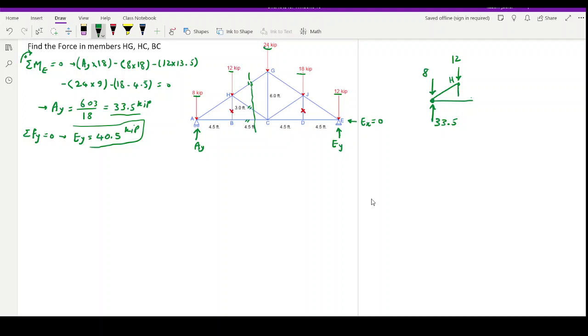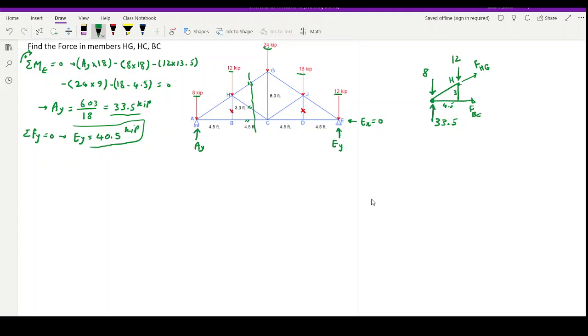Then from here to here, even though it's a zero force member and I will not use it, I just show it. It is 3 feet. This is 4.5 feet. Then I have this force, which is one of the forces I'm looking for. It's FHG. This is another force I'm looking for, FBC.